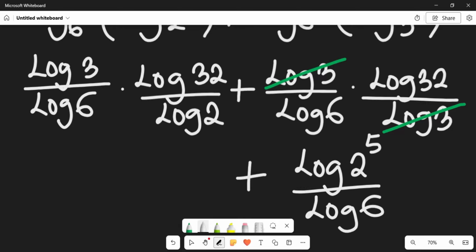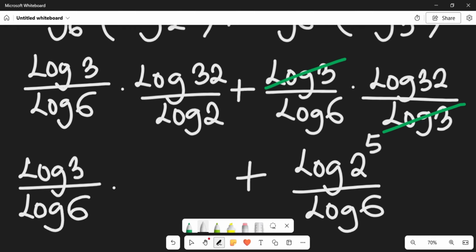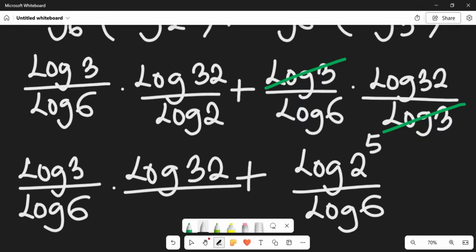While this is simply going to still give us log 3 divided by log 6 multiplied by log 32 divided by log 2.